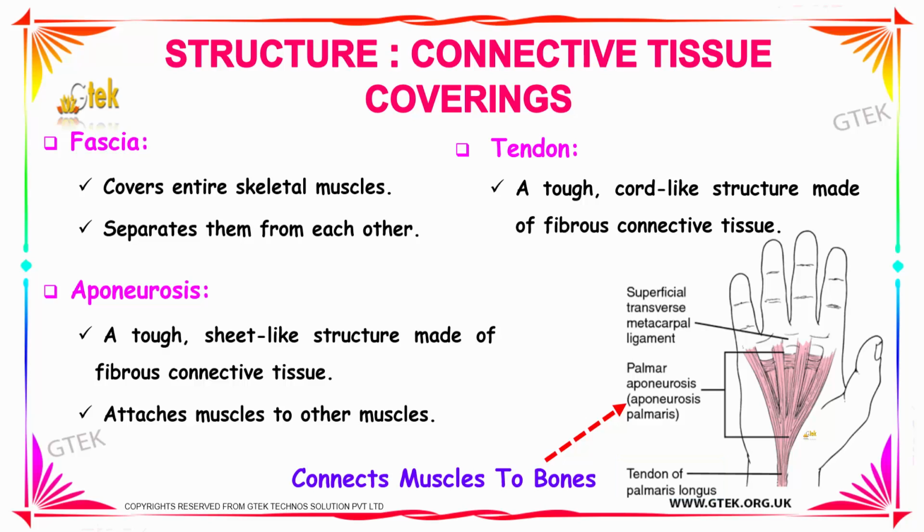So this is how the muscles are connected to the bones in a human body using the connective tissues like fascia, aponeurosis and tendon.